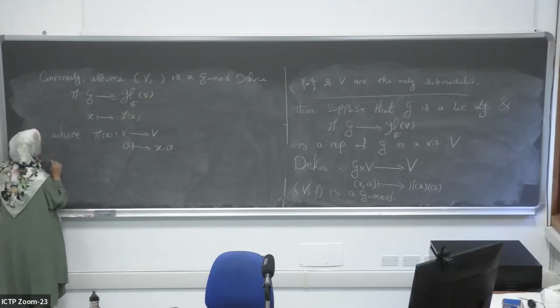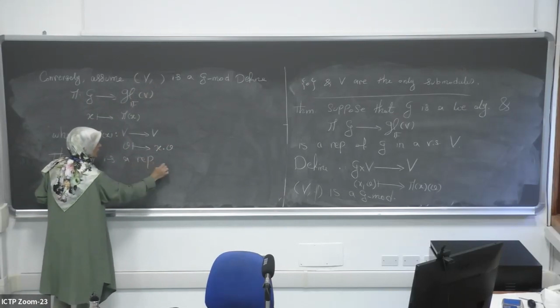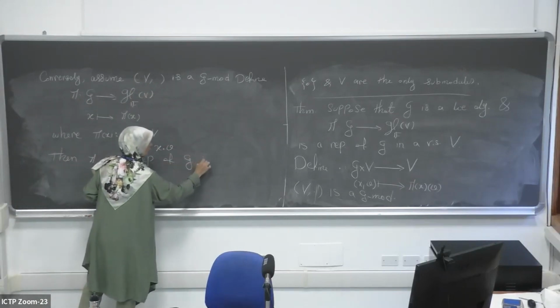And then pi is a representation of G in V.